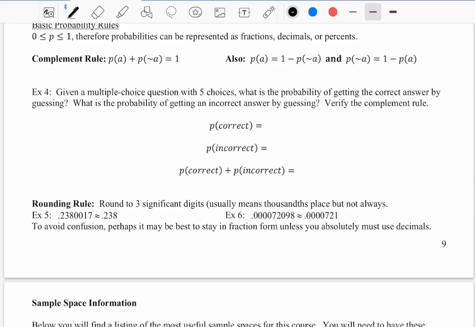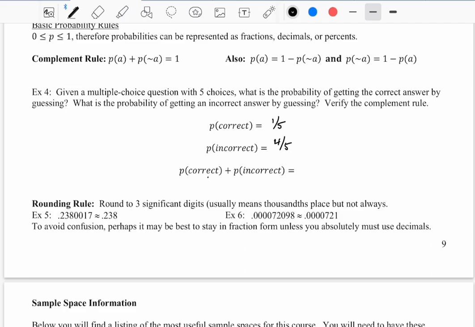I made up this example here. Given a multiple choice question with 5 choices, what's the probability of getting the correct answer just by guessing? If there's 5 choices and you're really just guessing, then you have a 1 in 5 chance of getting that. Incorrect would be the other 4. So 4 out of 5.